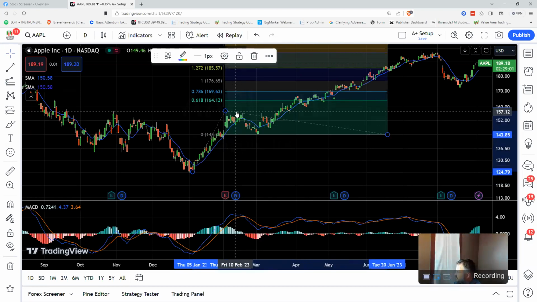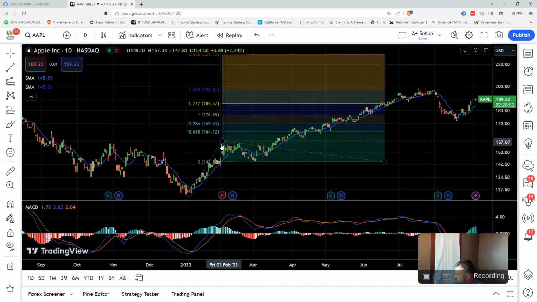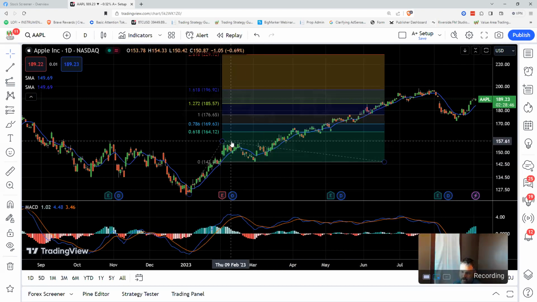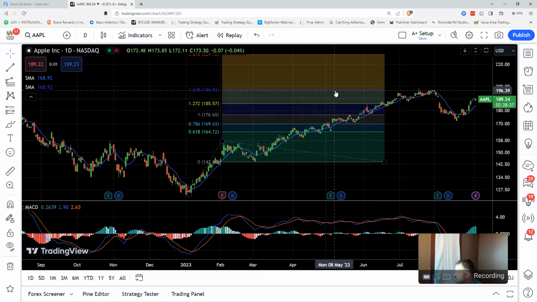These are called fib extensions. These are areas where you could possibly target. If you get in right here, you could target the previous high. That's one area. But then you could go to the 0.61, the 1, the 1.272, the 1.61.